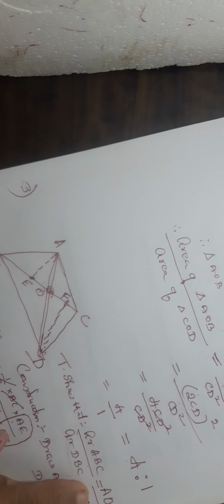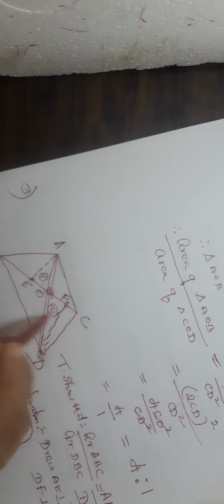If we show that, then what they have asked to prove, that means we have proved that. Now for that what you should do is, you have to take these 2 triangles and prove them to be similar.